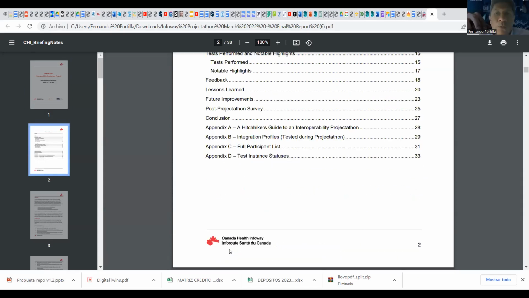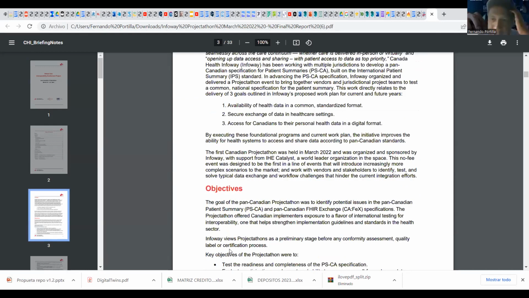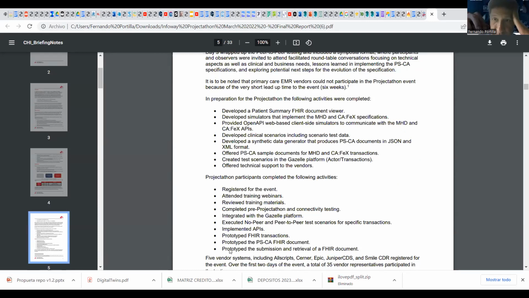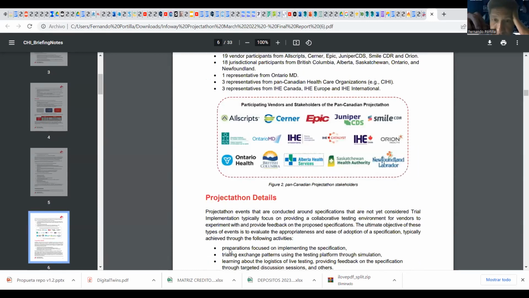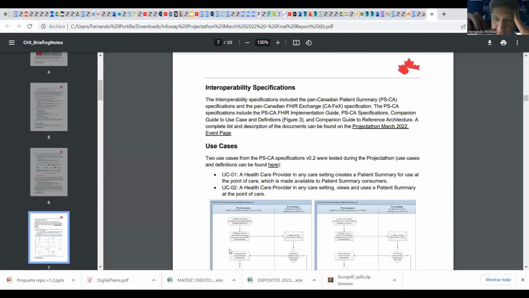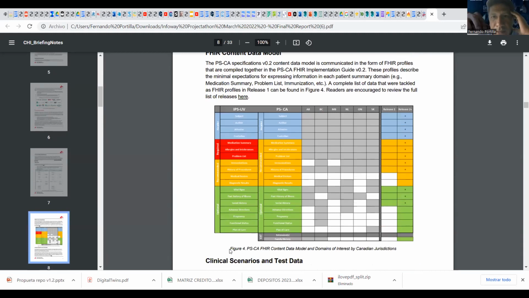Not everything is mandatory, but we have here the whole experience of the Connectathon. You can see the PDF, right? So here on the left, they have their mapping.